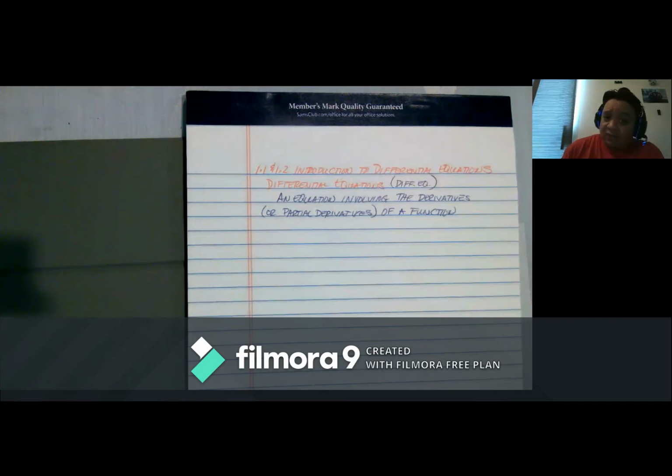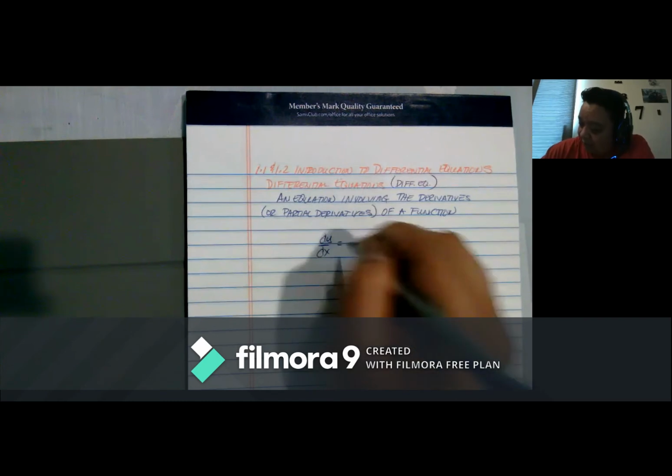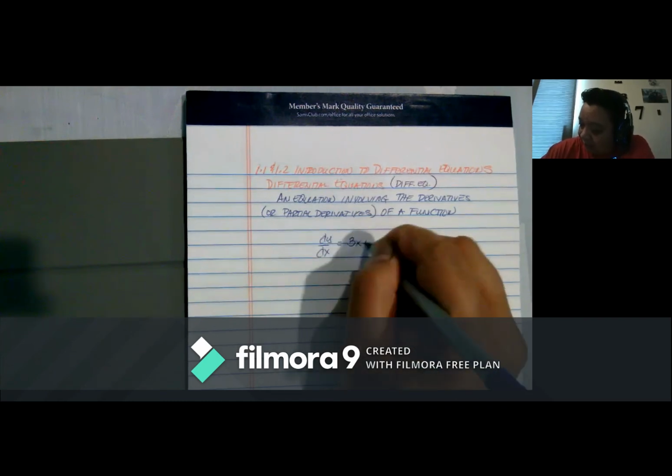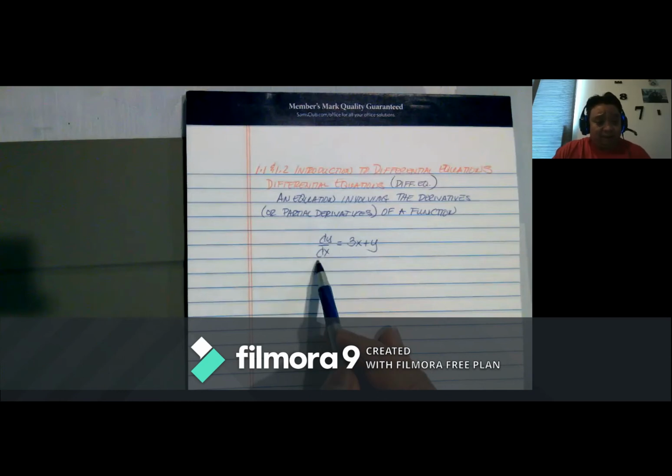So any equation involving the derivatives of a function. So for example, dy dx, right, is equal to 3x plus y. Right? So that is a differential equation, right? So it's an equation that has a derivative on it.